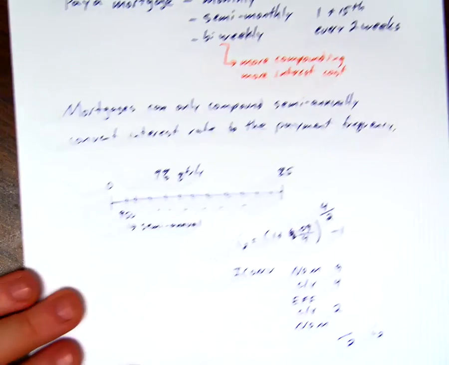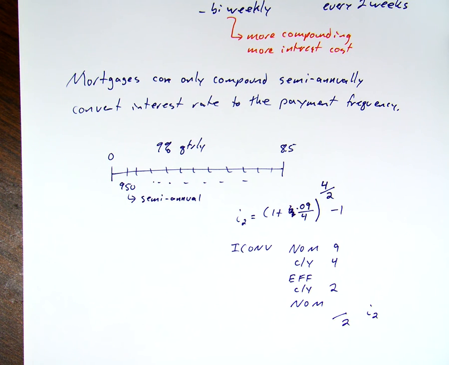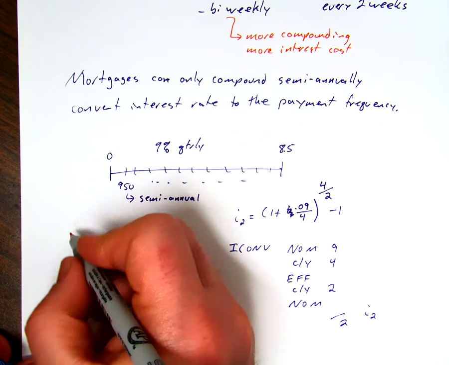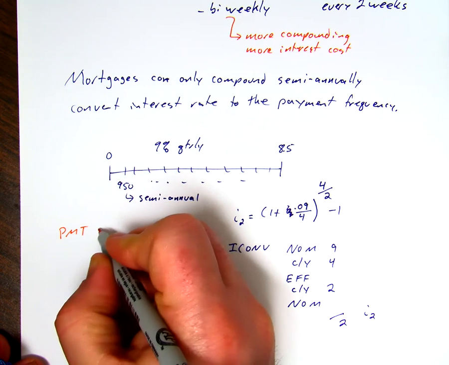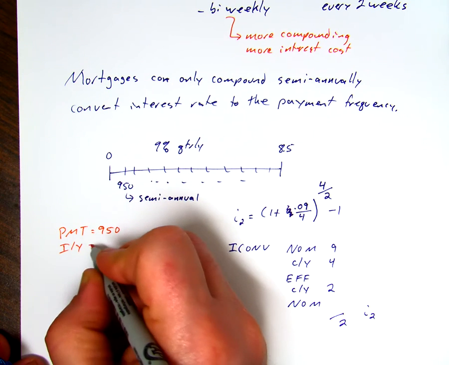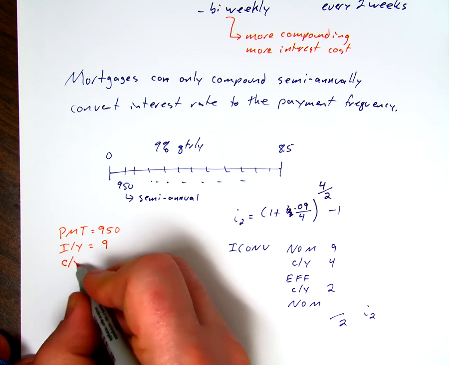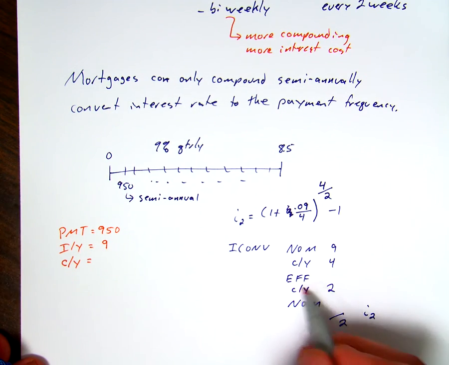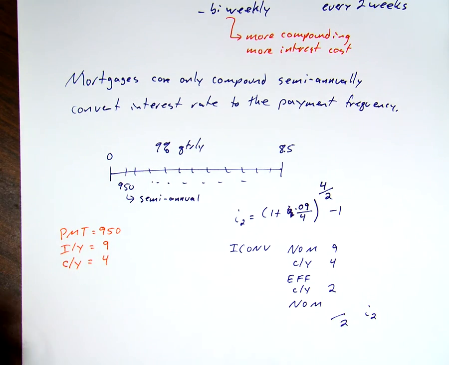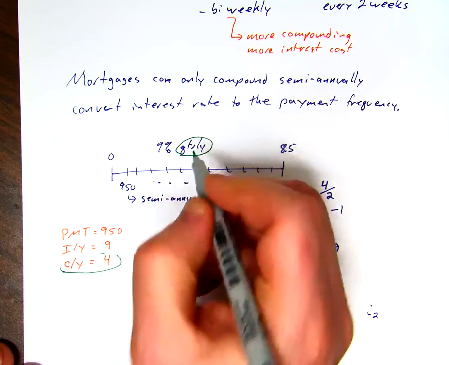Well, we can actually do this fairly simply with our calculator by using the C per Y and P per Y buttons. Looking at our problem, things are simple. We have a payment of $950. We have an I per Y of 9. We have compoundings per year, just like we had here, of 4, which relates to the quarterly part.